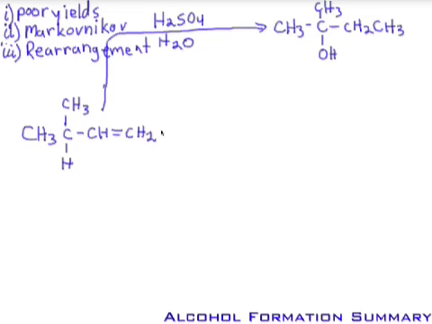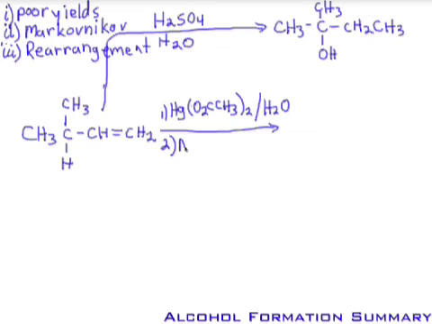Our next reaction is Oxymercuration-Demercuration. So one, we've got a mercury with 2 acetates off of it, O2C-CH3 twice. This dissociates in solution and reacts in the presence of H2O.